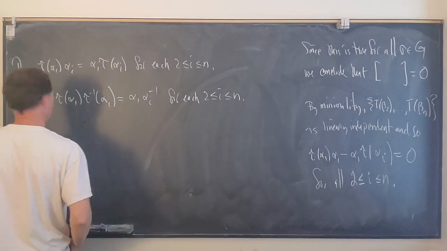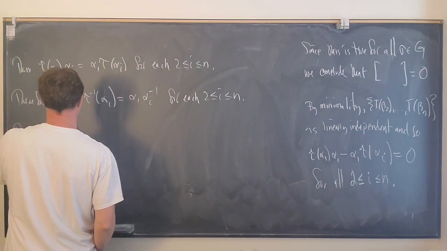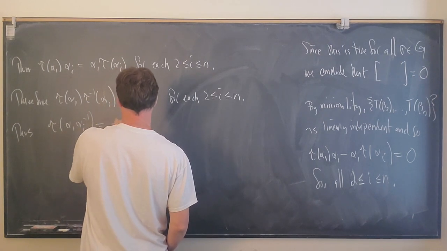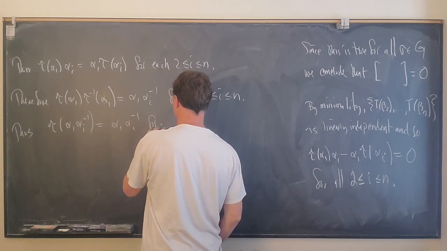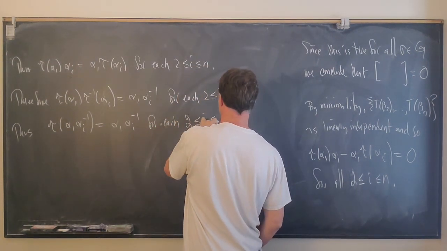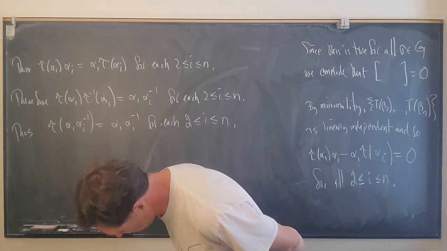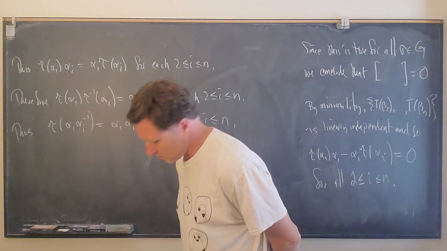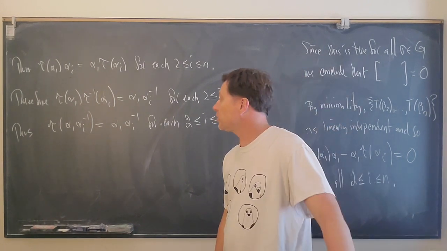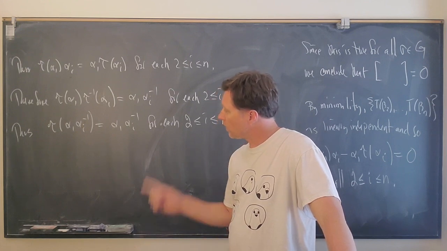So this is thus tau alpha 1 alpha I inverse equals alpha 1 alpha I inverse for each I between 2 and n. Now, this is true. Remember, we chose tau at random also. This is true for every tau in G. And so what does that tell us?